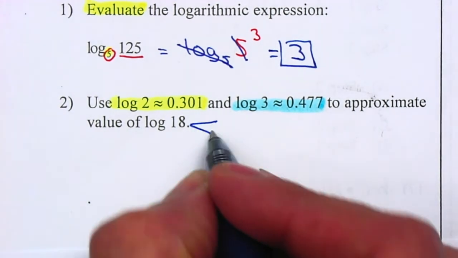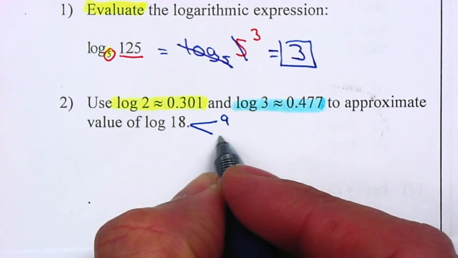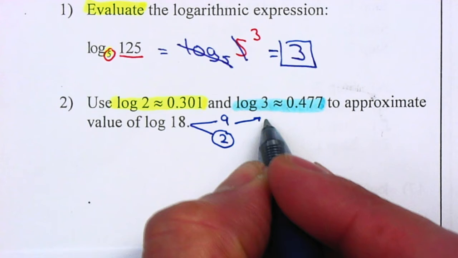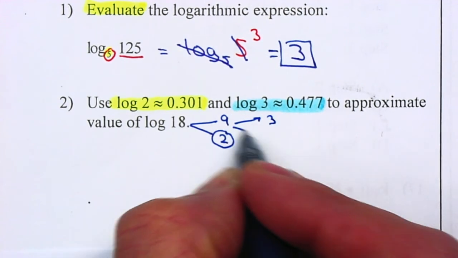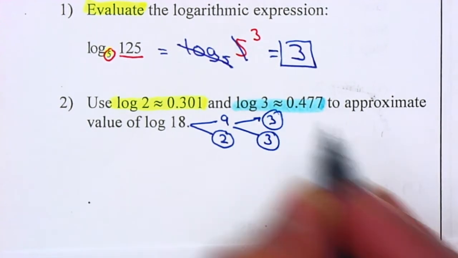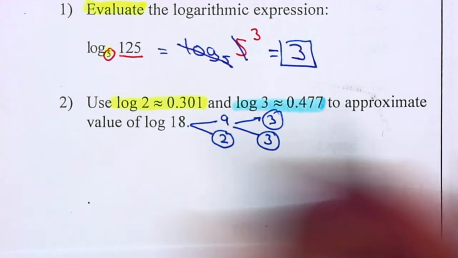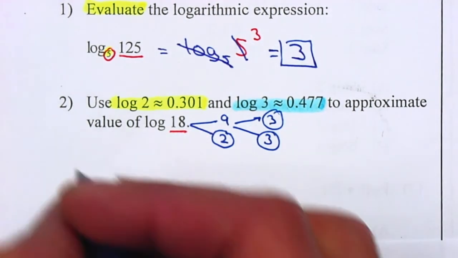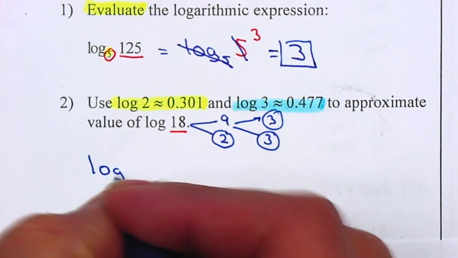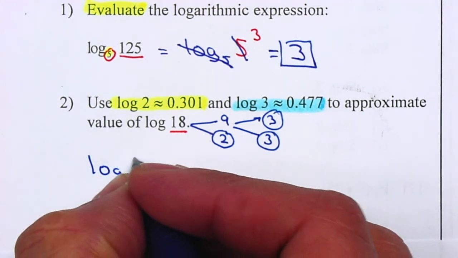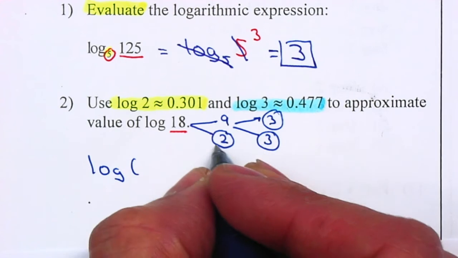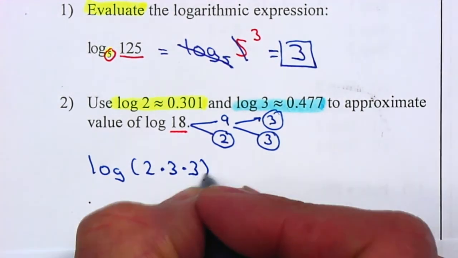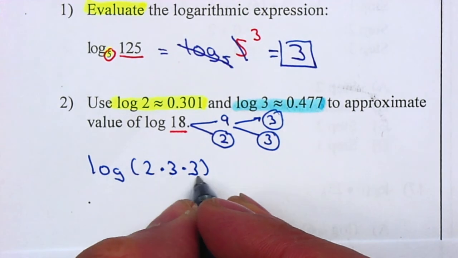I'm going to do my factor tree, so that gives me 9 times 2 is 18. 2 is a prime number. Then 9 will be 3 and 3. They both are prime numbers. I'm going to replace the 18 with the factors of 18. So I'm going to rewrite the log. Instead of 18, I'm going to replace it with 2 times 3 times 3. 2 times 3 is 6, times 3 is 18.